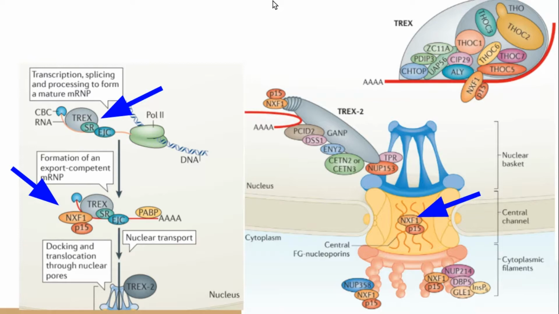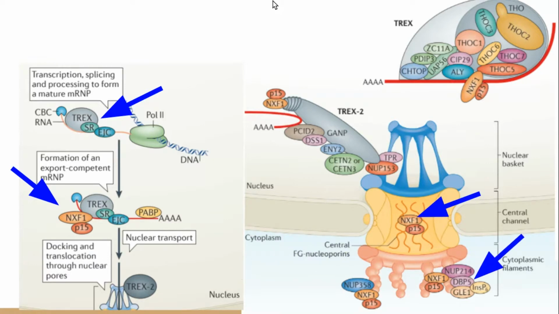These FG repeat filaments on nucleoporins compose a kind of sieve that prevents non-specific diffusion, right? The NXF1 protein bound to mature mRNA is recruited to the nuclear pore FG repeats, and this actually leaves behind the very large TREX complex.